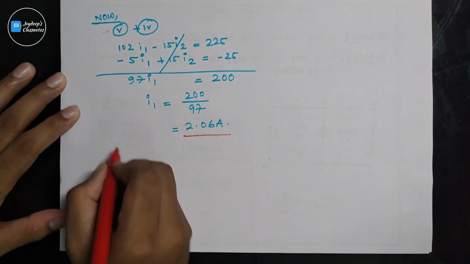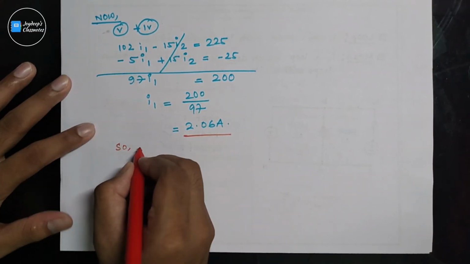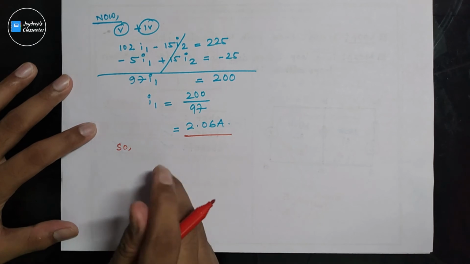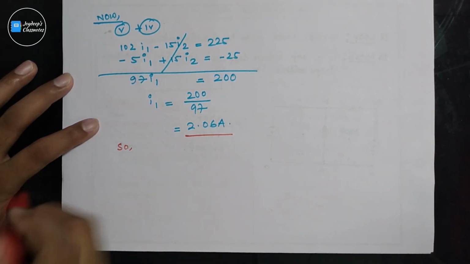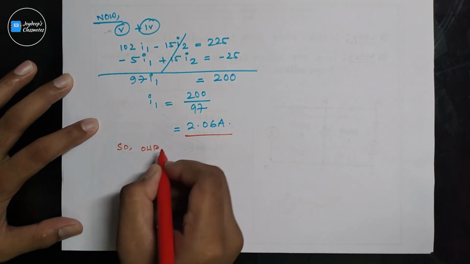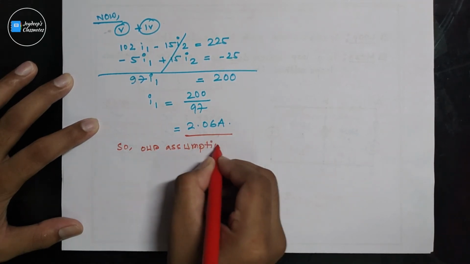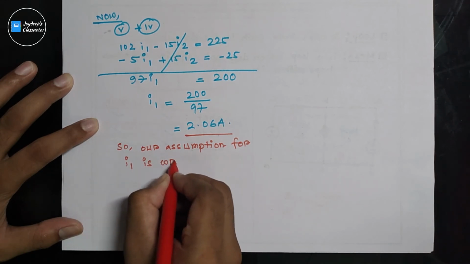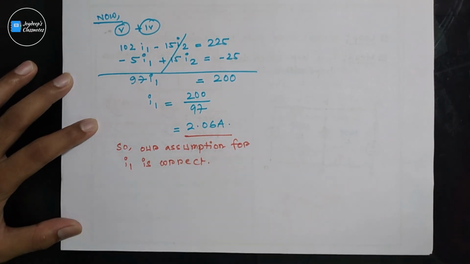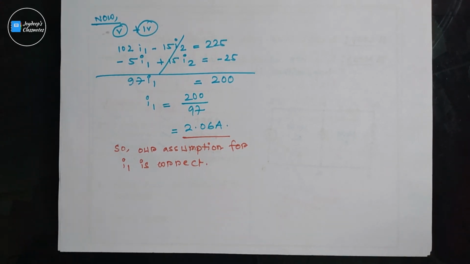So this is our I1. So our assumption is correct. The direction we assumed while solving the mesh analysis is correct for I1 only. So our assumption for I1 is correct. Now what about I2?